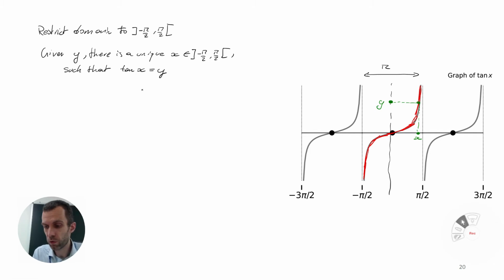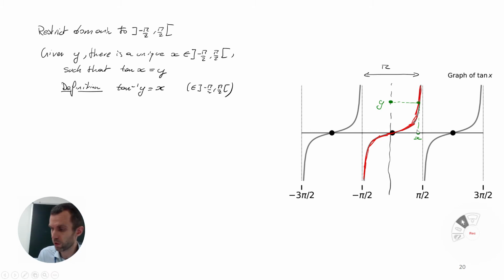And for that value of x, we say, by definition, the inverse tan of y is equal to that x value. So the interpretation is the same as for sine. You're given the y value and you find the x value that corresponds to it. So you go in the opposite direction.